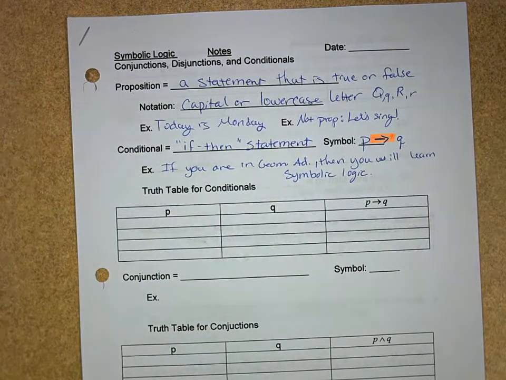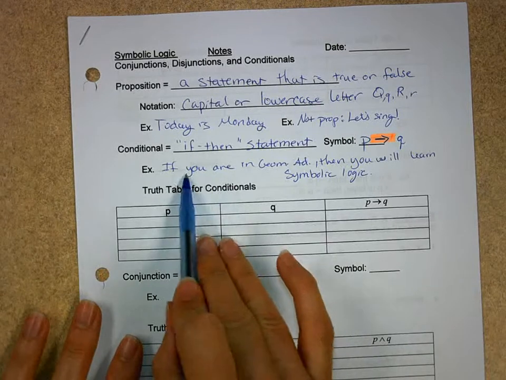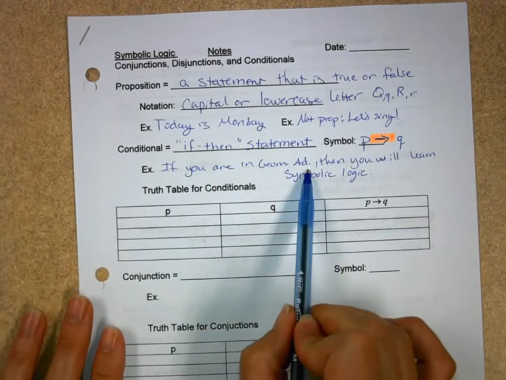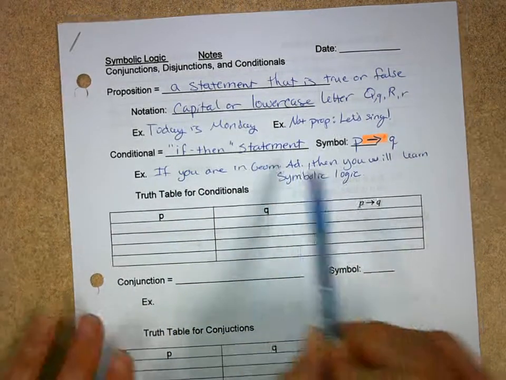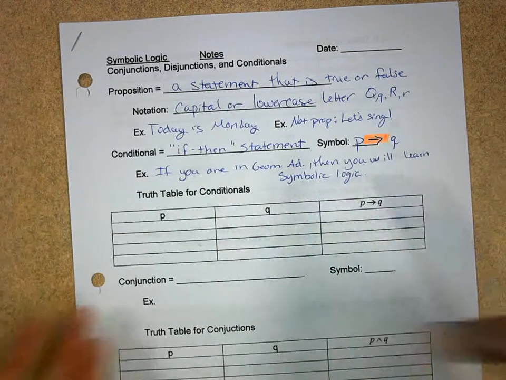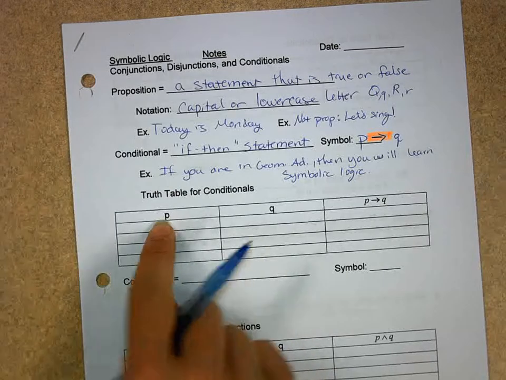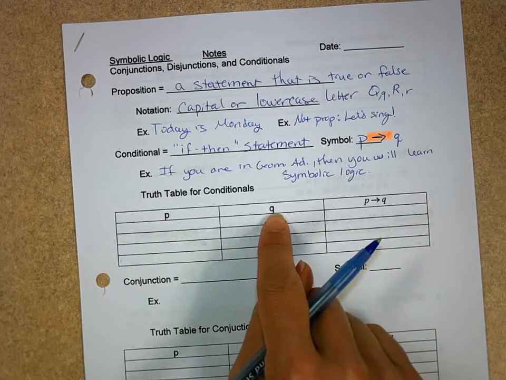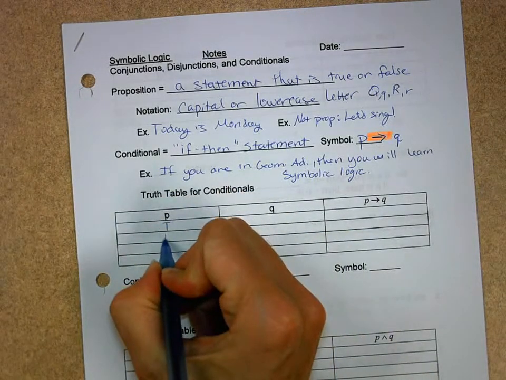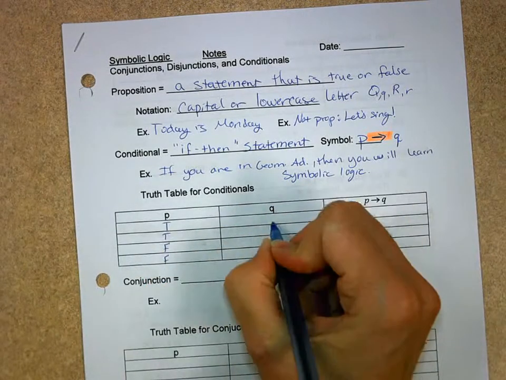And the thing is, we even developed a truth table for this, so we can make sure our propositions, like here we have our hypothesis, you're in Geometry Advanced, that's a true or false thing that you can figure out. You will learn symbolic logic. You will definitely learn that if you're in my class. So here we had our first proposition, which is our hypothesis, our second proposition, which was our conclusion, and we did all truth values for these, and we did our truth table.